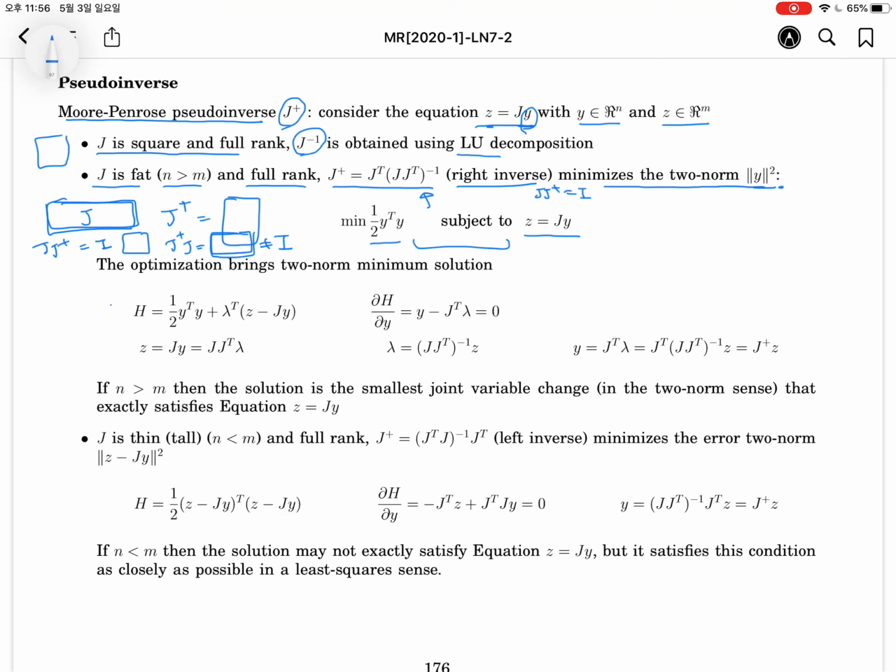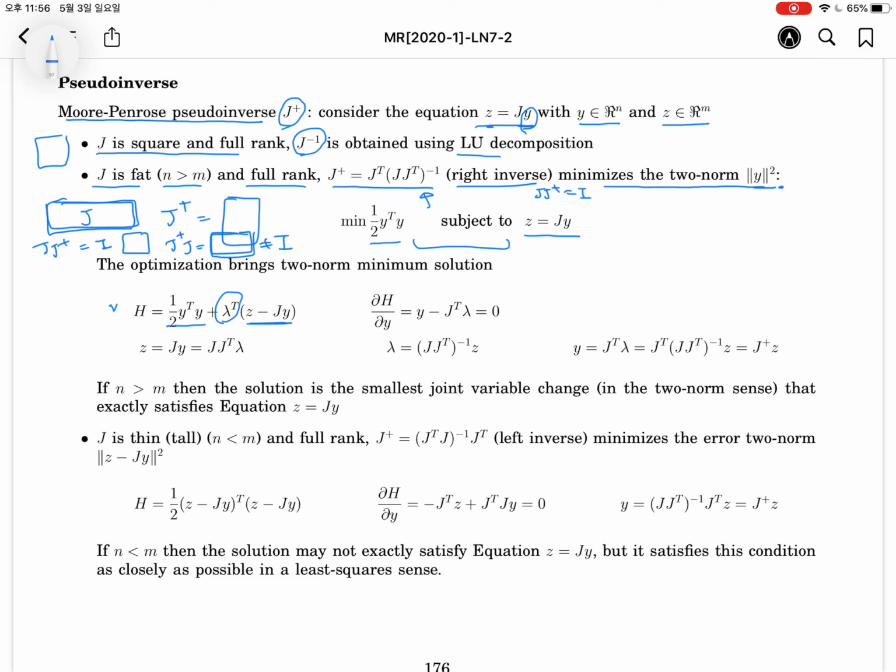Okay, let's derive. In order to solve the optimization problem, the Hamiltonian is defined from the optimization value and the constraint. The optimization value must be a scalar value, but the constraint is a vector. So we need a row vector to connect both.